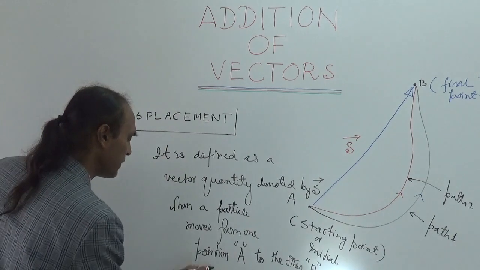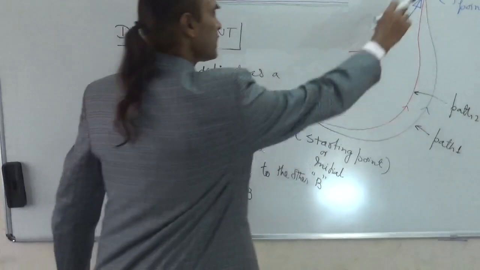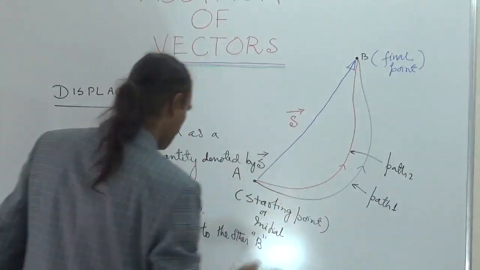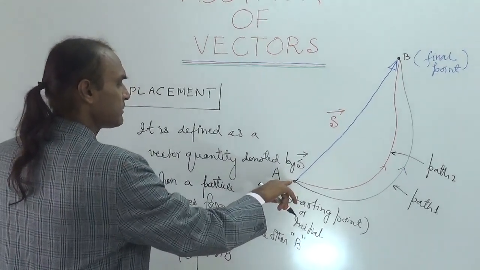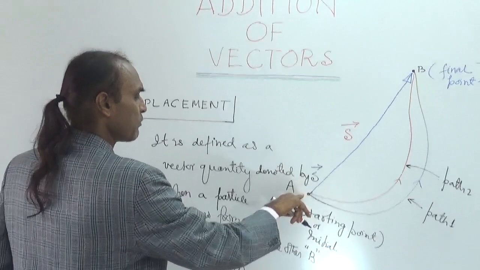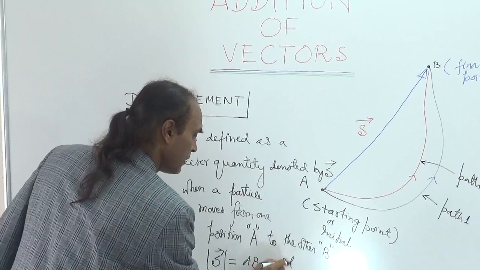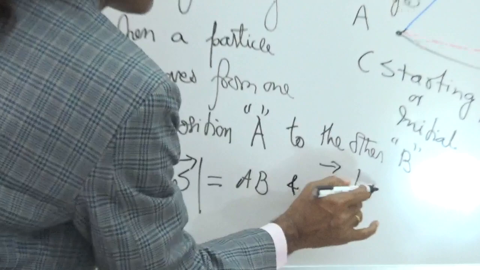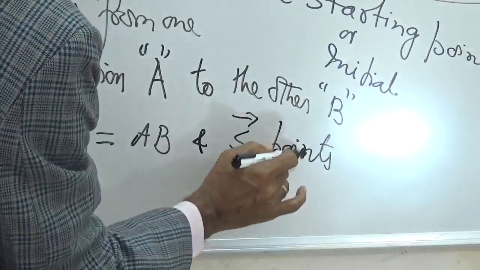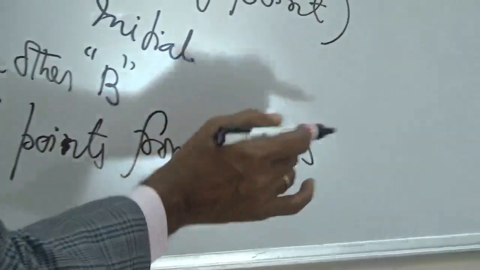The magnitude of the displacement is equal to the straight line distance or the shortest distance or the minimum distance between these 2 points. And it points in which direction? It points from the starting position to the final position. And it points from A to B, initial to final position.